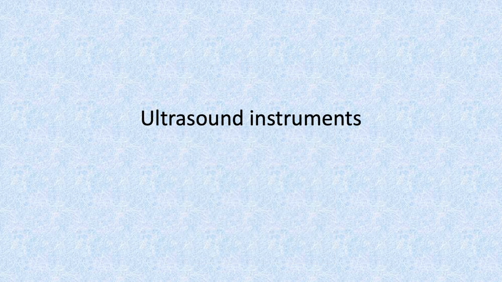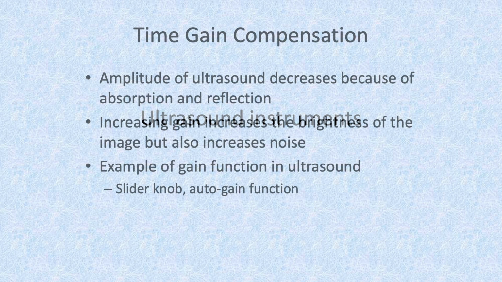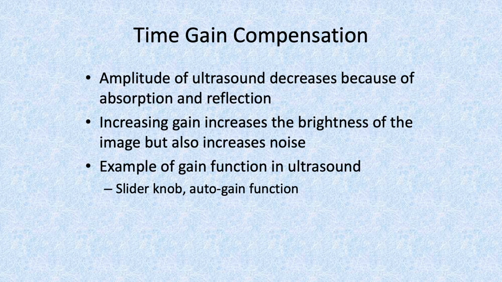Then ultrasound instruments. One of them is time gain compensation. Just now I mentioned frequency and penetration. Sometimes in deeper structures you find that the image is blurry and too dark, because the image cannot be seen, so you increase the gain to make it brighter.